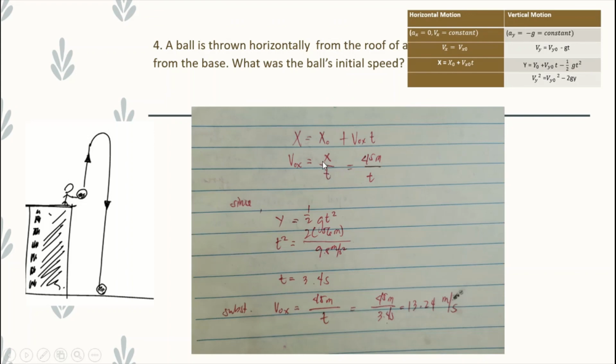So x over t, we have no time given in the problem, so we have to solve for time again. Using this equation again, our time here is 3.4 seconds. So substitute this time here. 45 divided by 3.4 seconds, the resulting initial velocity is 13.24 meter per second. Okay, so that's all.